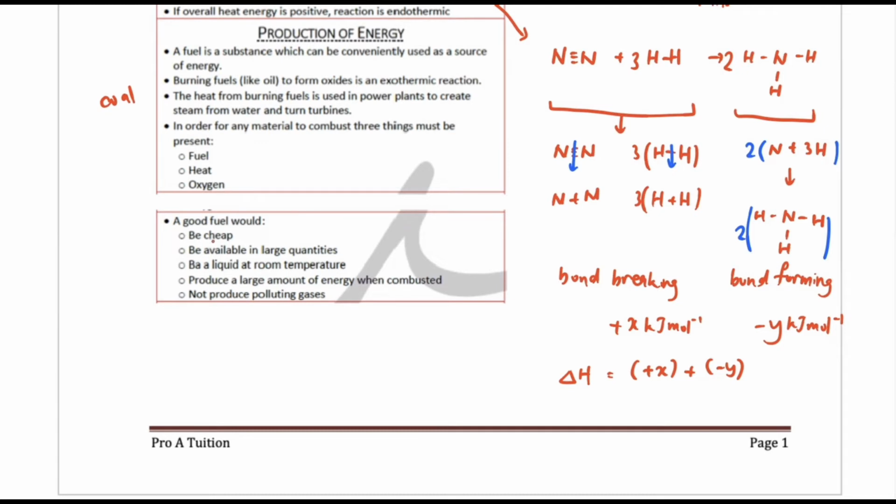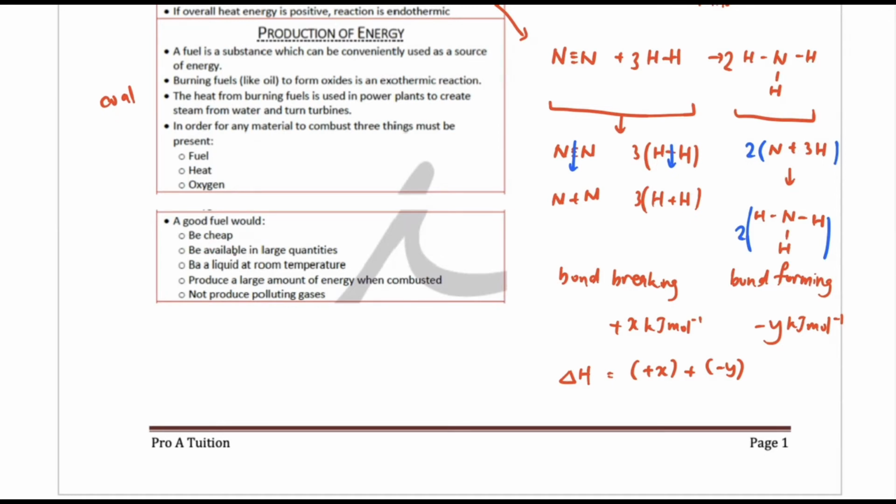If it's not cheap, they may think of alternatives. Maybe they want to use palm oil. Palm oil, why is it not popular? Because it's expensive. So cheap is one of the reasons why petrol and diesel are popular. Even coal is also popular because it's cheap.